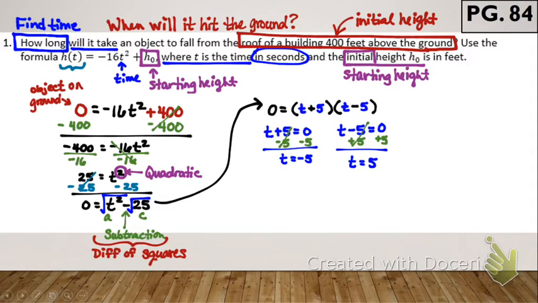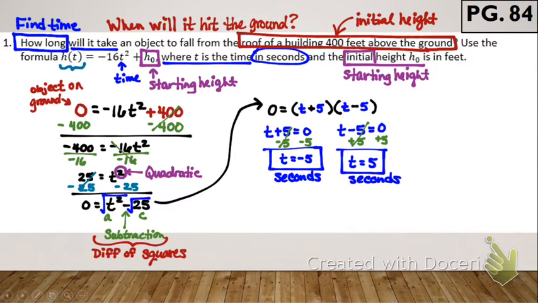All right, so I found my 2 answers, but this is a story problem, a context problem. So now I need to make sure that I've answered the question. What was the question again? How long will it take the object to fall? How are they counting time in this problem? In seconds. So each of these would need the unit of seconds. You can't have negative 5 seconds.